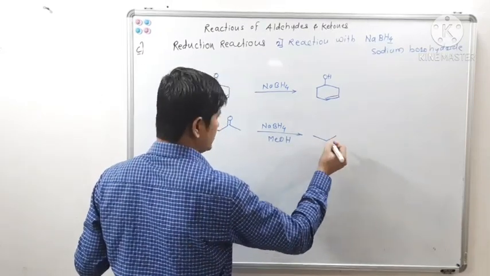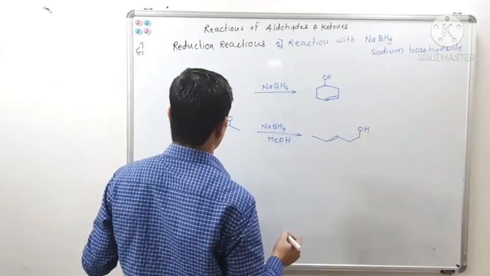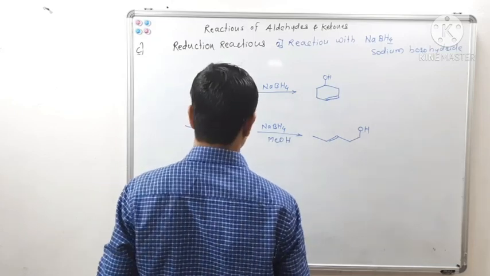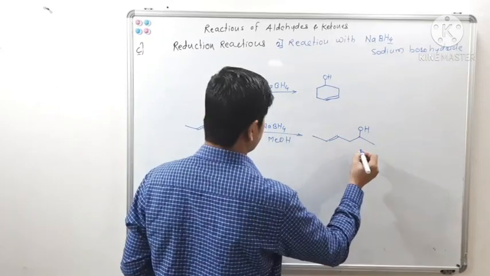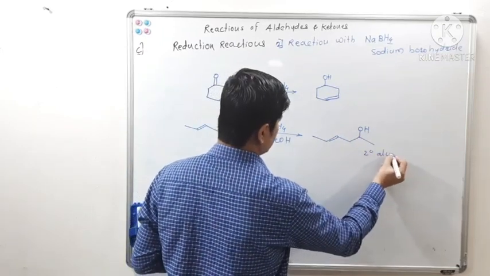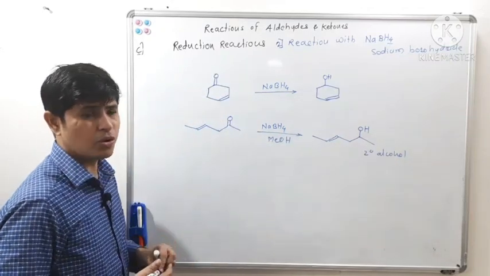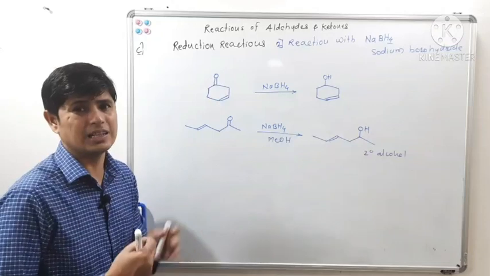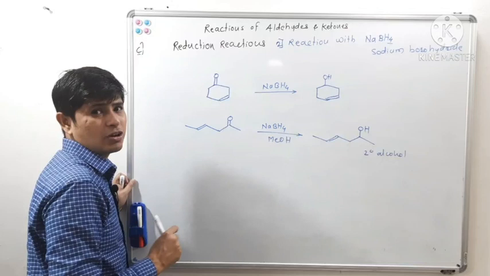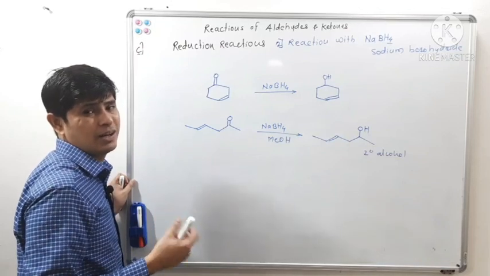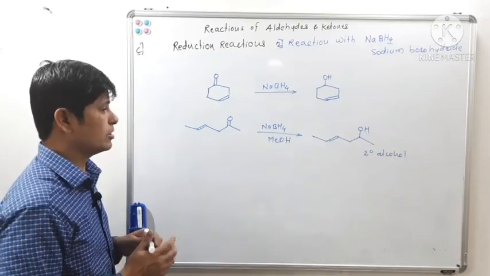So this isolated double bond will remain as it is, it will not be affected, and we will get this secondary alcohol. That means sodium borohydride is not as reactive as lithium aluminum hydride. It does not reduce the isolated carbon-carbon double bond, but lithium aluminum hydride reduces that carbon-carbon double bond also.